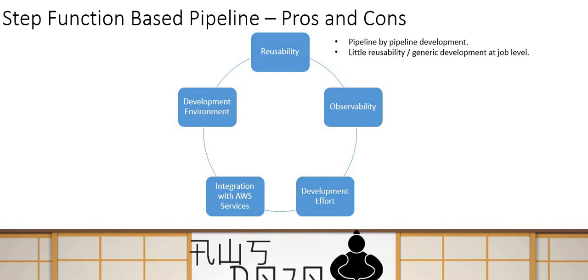You can create reusability at the job level or even at the crawler level sometimes. So you can create reusable crawlers, and primarily you create reusable jobs. There you can get reusability, but at the end of the day, your whole development is pipeline by pipeline development using a Step Functions state machine workflow.